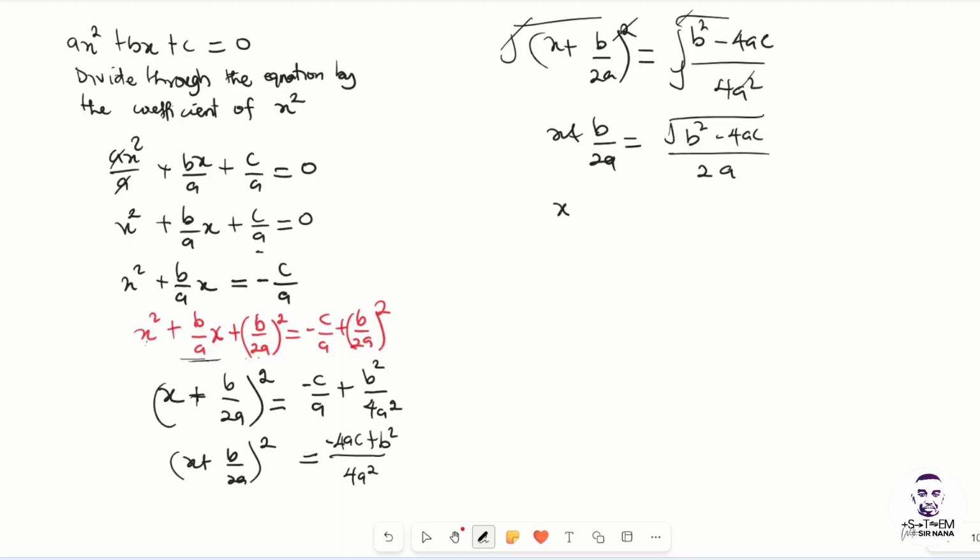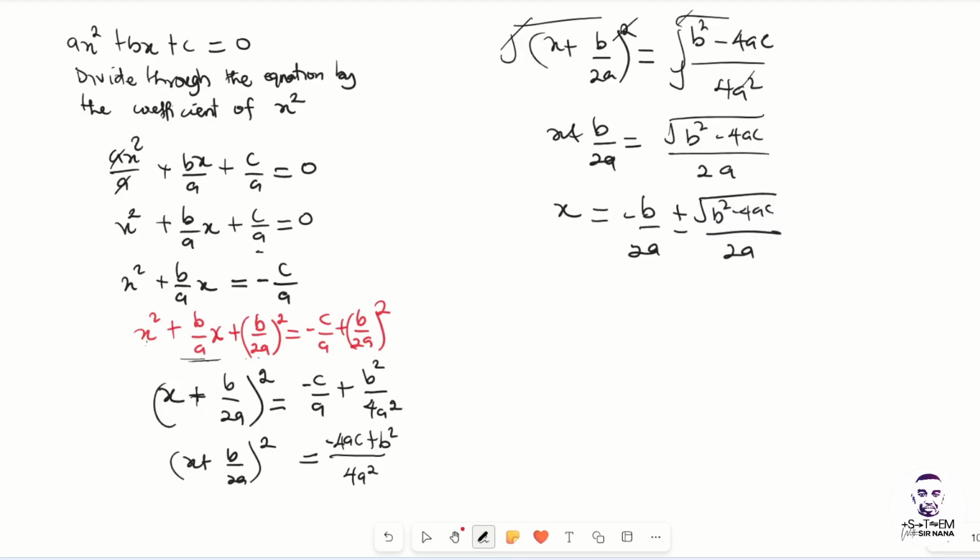So we can have our x, we find the values of x. In completing the square, we want to find x of a quadratic equation, so we want to find the values of x. So we'll move the b over 2a across the equal sign, or better still, we say we subtract b over 2a at both sides of the equation. So we have x to be equal to minus b over 2a. We know the square root of an answer is positive and negative, so plus or minus square root of b squared minus 4ac all over 2a.